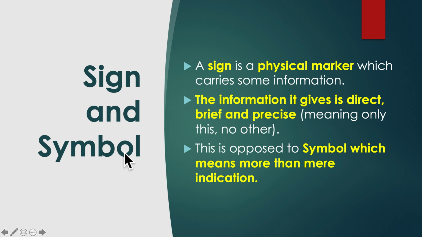Sign and symbol. A sign is a physical marker which carries some information. So, what is a sign? A sign is a physical marker. It could be any sign, any physical mark, and it carries some information. It does not carry more information or complete information.